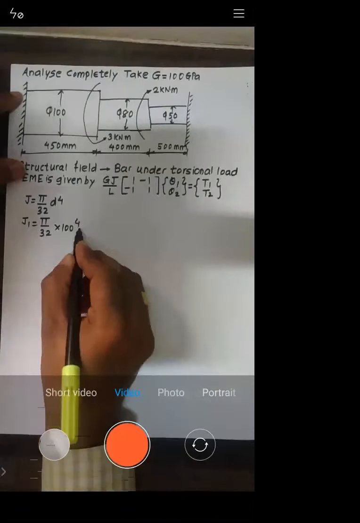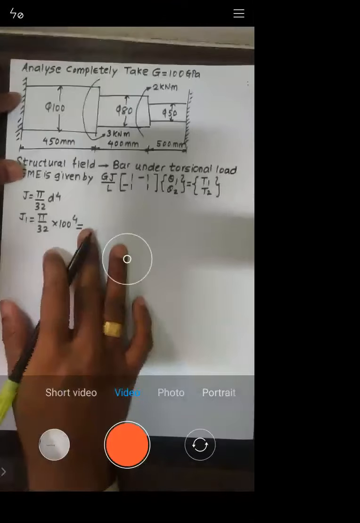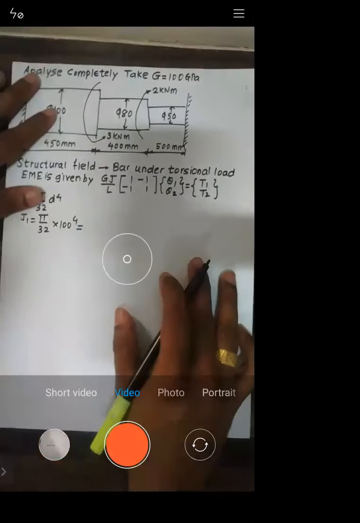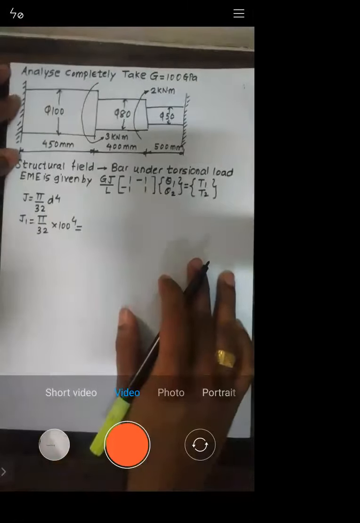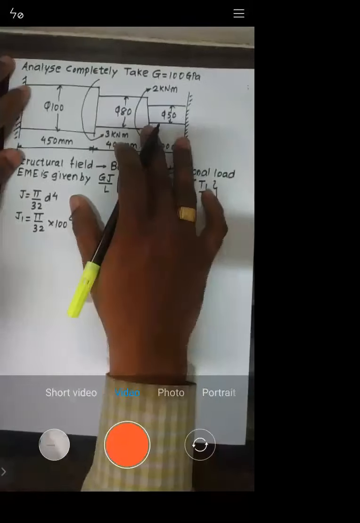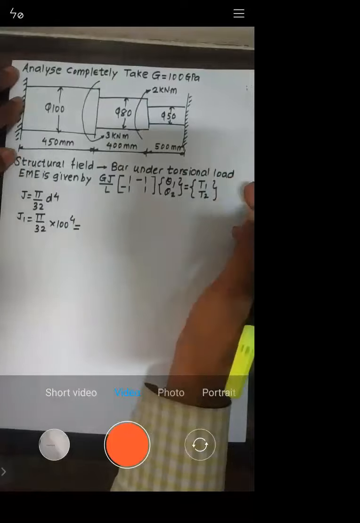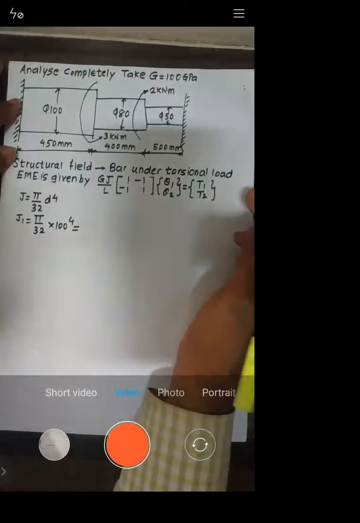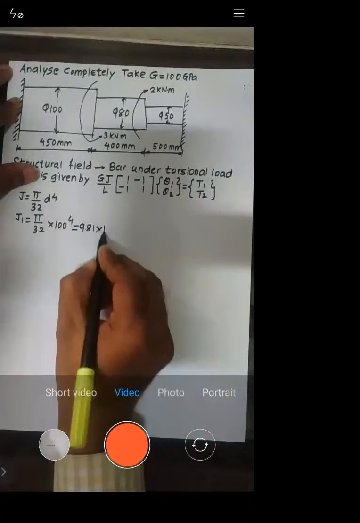Tell me how much answer you are getting. It is 9.81 into 10 raised to power 6.